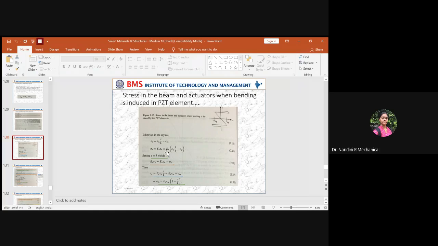If you are confused, I will explain again. This is the basic equation. When Z is equal to H, I told you how the equation gets changed. Now you have the value for the elastic modulus of the actuator with its free strain. This terminology is there in equation 2.27 already. You get this if you multiply the elastic modulus of the actuator by the free strain of the piezo element. So the same thing we are substituting here.